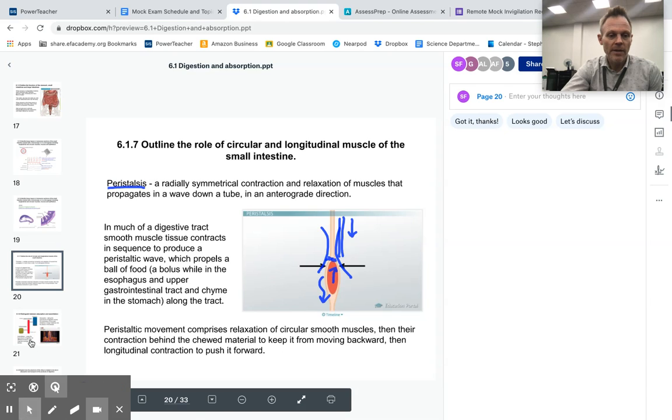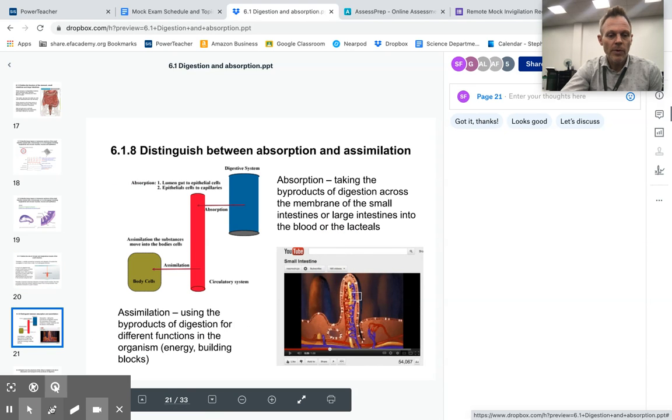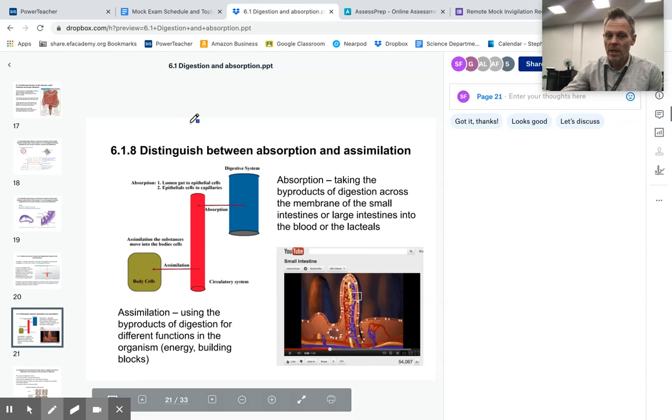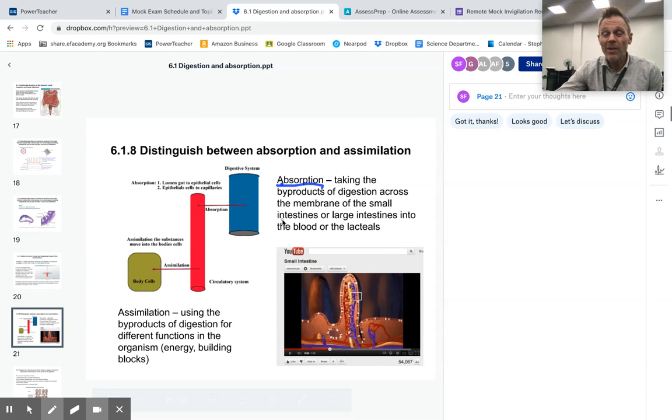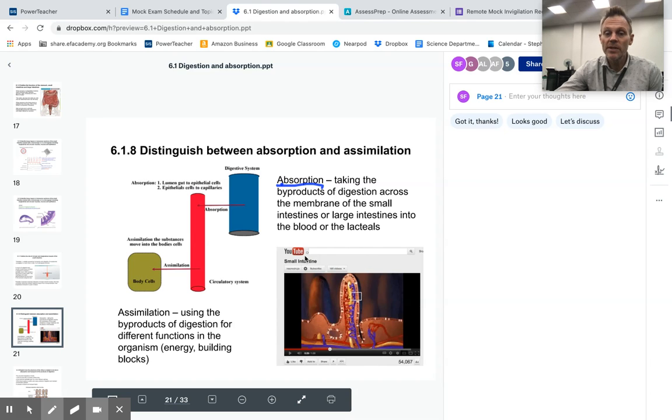Okay, let's move on to the next one. In 6.18, they want you to know the difference between absorption and assimilation. Absorption, quite simply, is bringing the byproducts of digestion, the most simple things of each type of food group, into your blood.